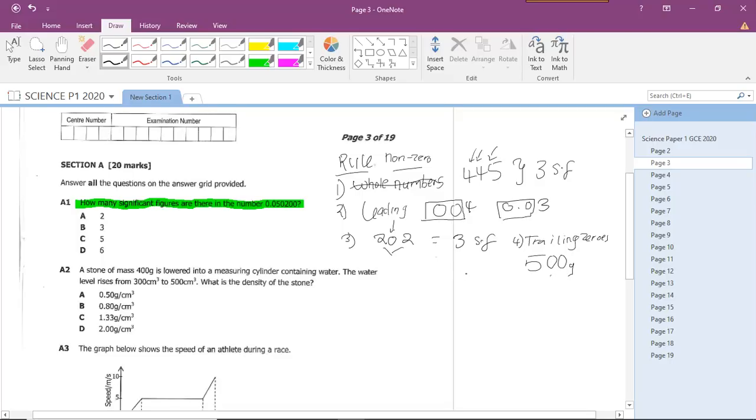Without units, no wonder we say everything in math, everything in physics needs units. If you don't put units, this 500 won't have any significance. So this 500 will actually have one significant figure.